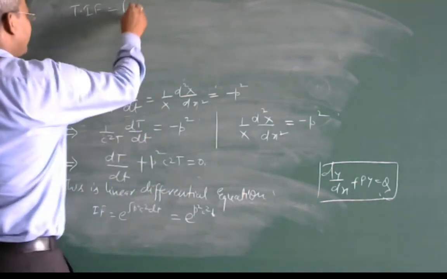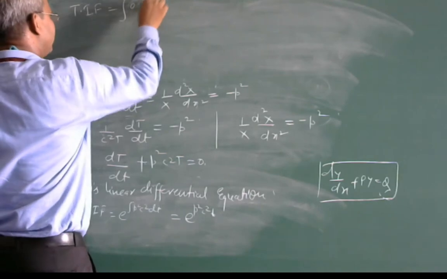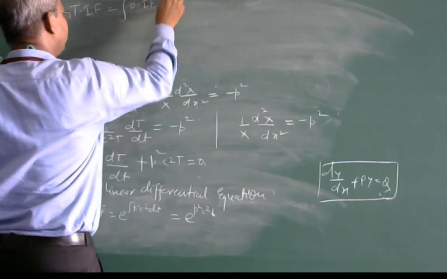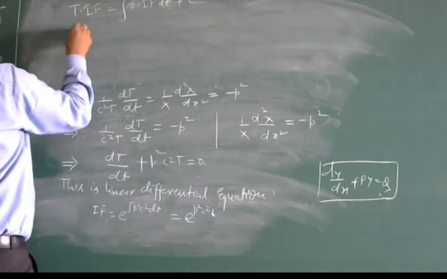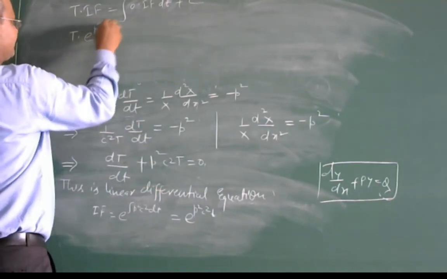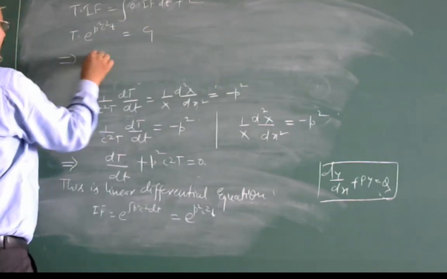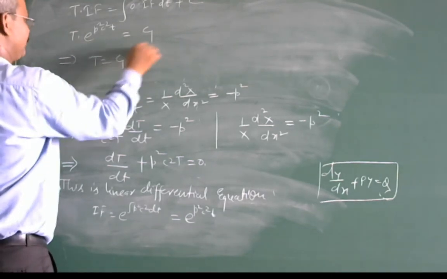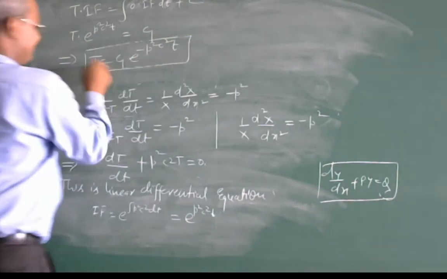So Q into the integrating factor means 0 into the integrating factor dt plus c. So this implies that T into e to the power p square c square t is equal to c1. So T equal to c1 e to the power minus p square c square t. This is the value of T.